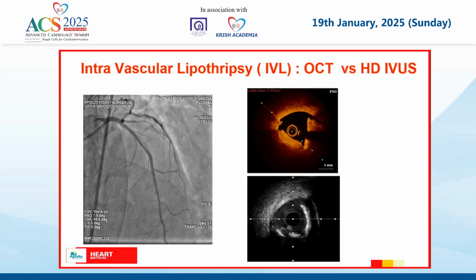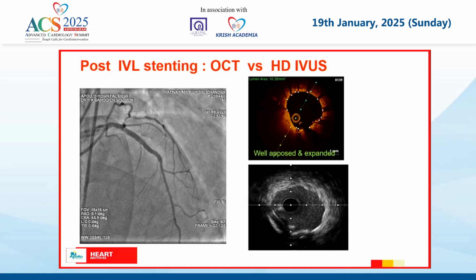And you see after the IVL has been done, you can see the cracks over here, and also you can see the cracks on the IVUS. Only thing is that OCT is easy to interpret but difficult to use, but that is the vice versa for IVUS. Next, the stent was given, and it was compared: a larger lumen seen in the IVUS, a smaller lumen seen in the OCT, but the stent is well expanded and well apposed.